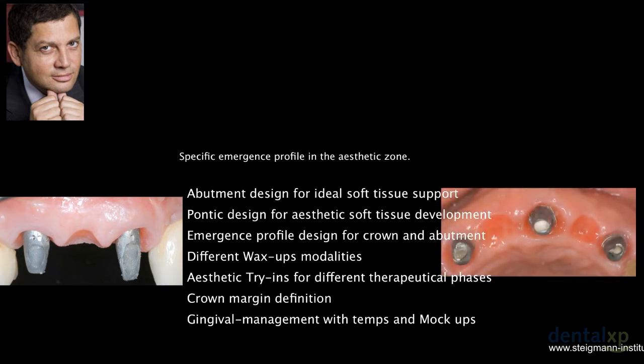So, with the help of new technologies with CAD/CAM, but also by modifying stock abutments and by understanding the new designs of emergence profile, we can improve a lot the way the soft tissue will look today.